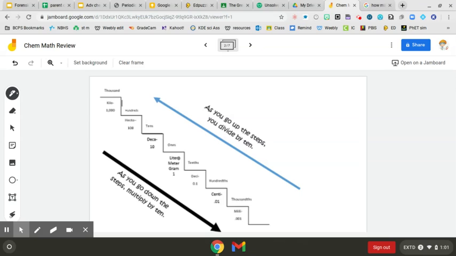So if we take any number, let's just say, oh, I don't know, can I make up a number here? 4,256 meters. And I want to turn that into kilometers. Okay, so meters, just an m by itself, means it's a base unit meter. And I want to go to kilometers.